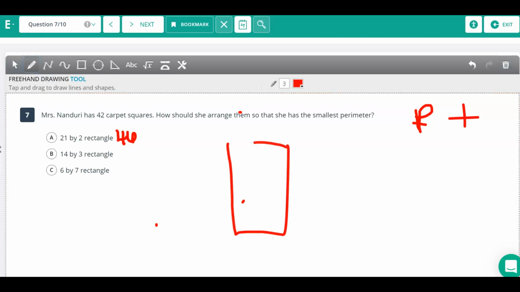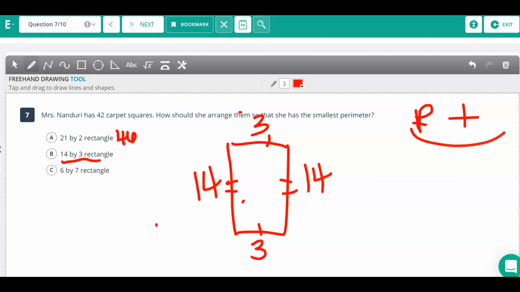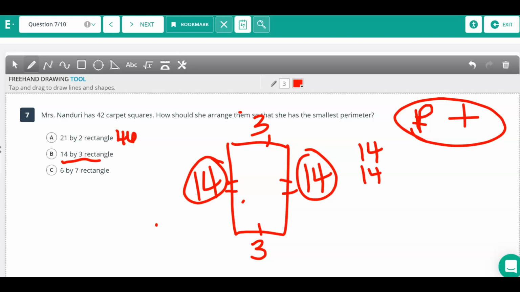So we have another shape, and it's 14 by 3. So on perimeter, the opposite sides are the same. And with perimeter, we add all the sides. So first I'll add my 14 together. 14 plus 14.